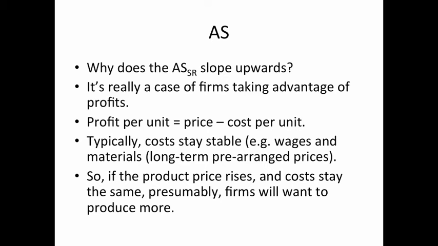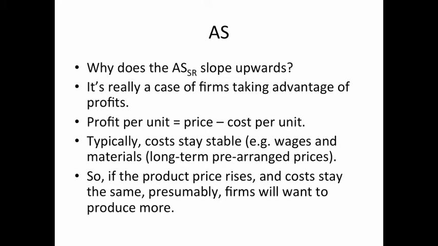So, for example, if I can produce a good for $10, sell it for $35, my profit per unit is $25. And while these per unit costs typically are fixed, if not highly inflexible, like wages we talked about, then if the product price goes up and the costs are staying the same, then the per unit profits will be rising.